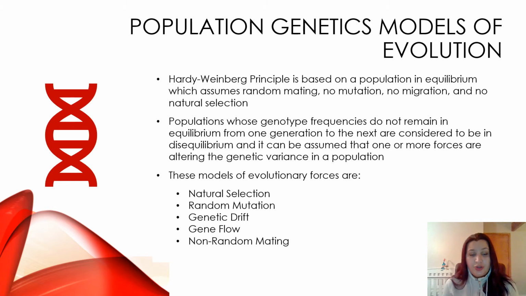And genetic drift is also responsible for the divergence of subpopulations, because random events that occur to different subpopulations that are separated by distance, obviously they're going to be different for each group.